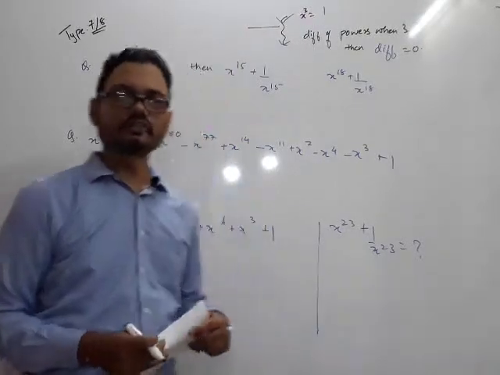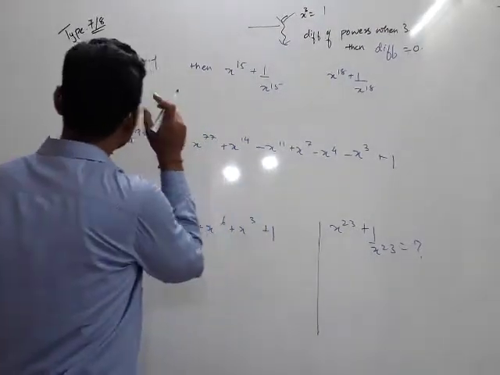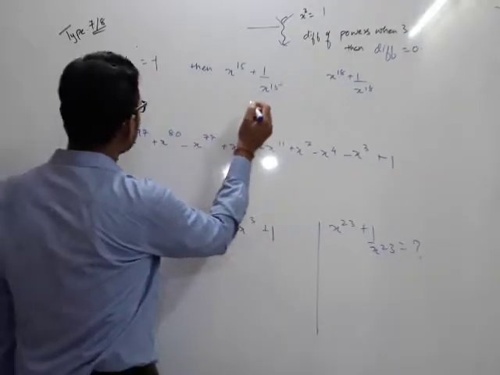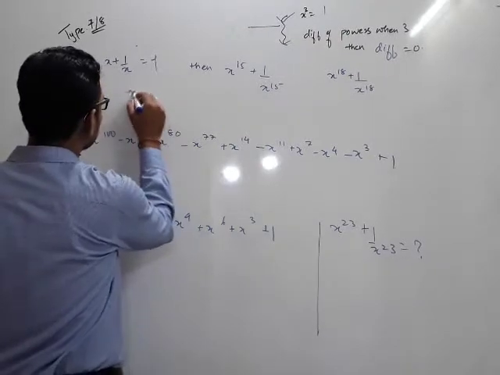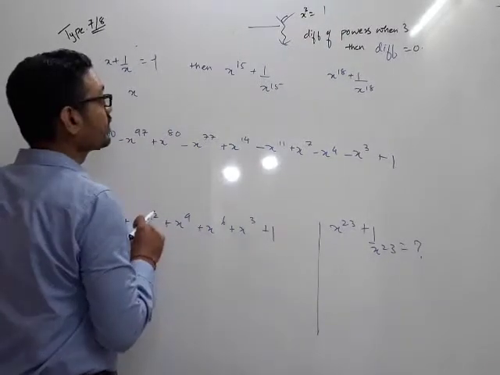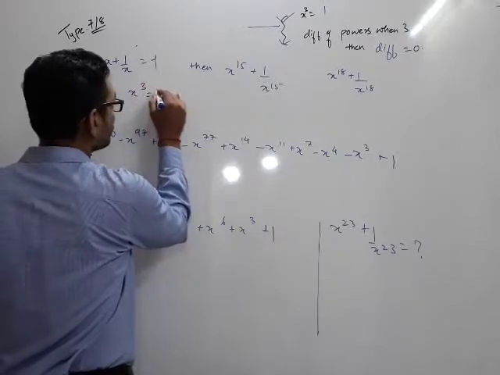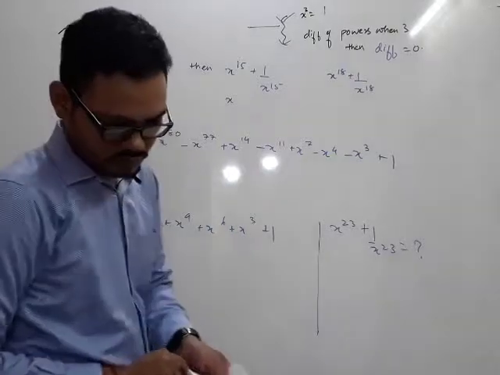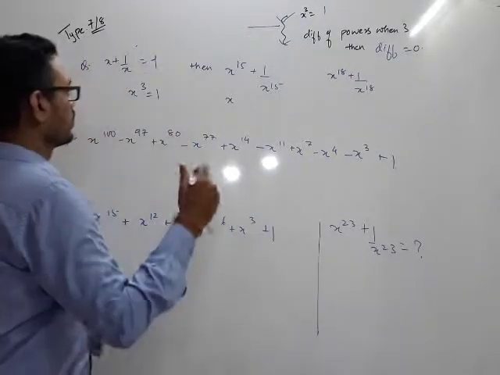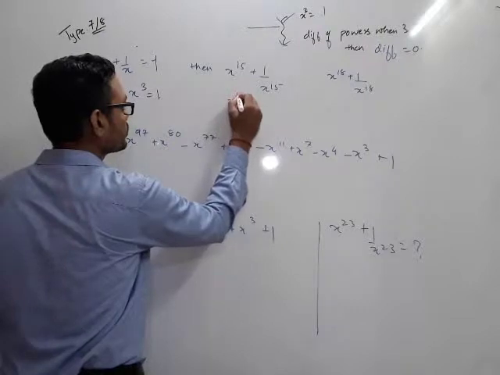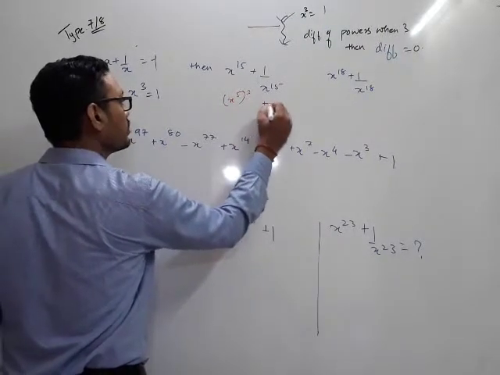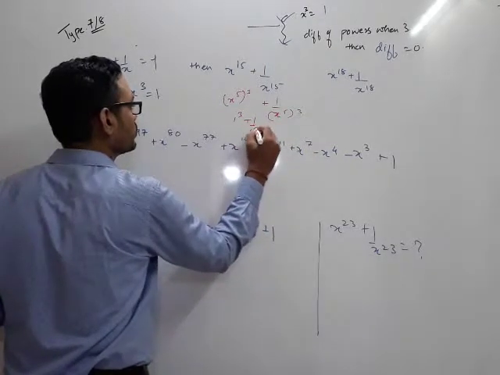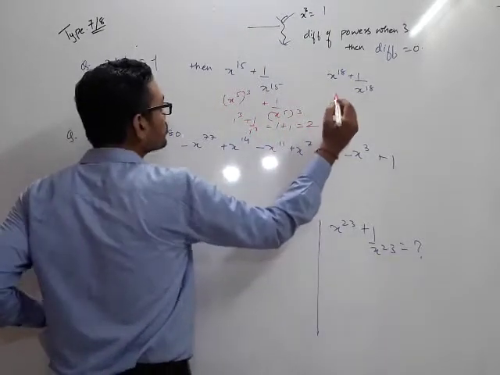It is exactly the same as how we did the last time. The moment x plus 1 by x is minus 1, we get nothing else but x cube is 1. We have drawn the inference that x cube is 1. When x cube is 1, x raised to 15 can be written as x raised to 5 into 3, which is 1 cube plus 1 by 1 cube, 1 plus 1, which is 2.